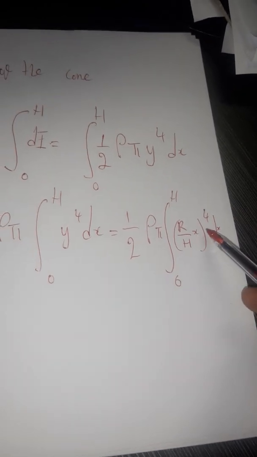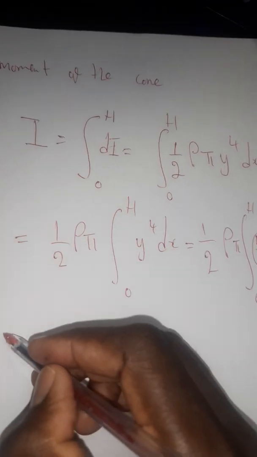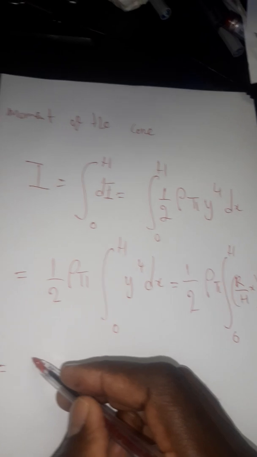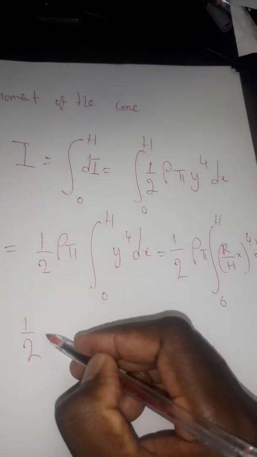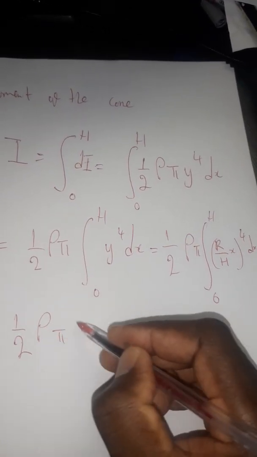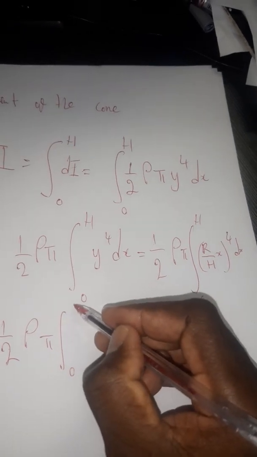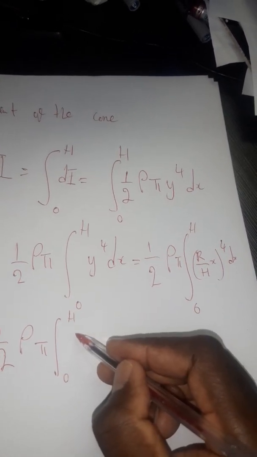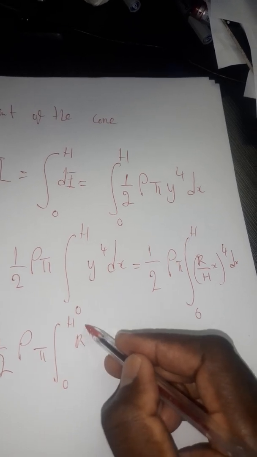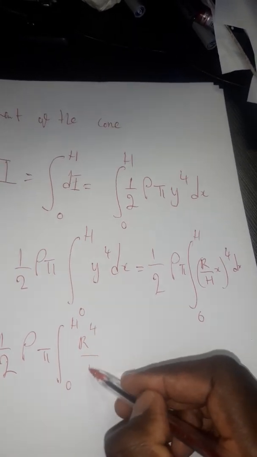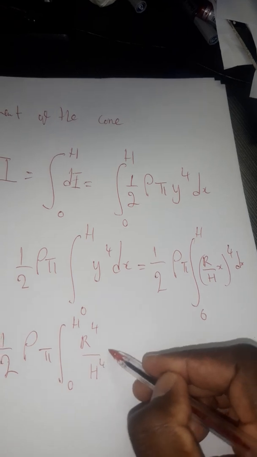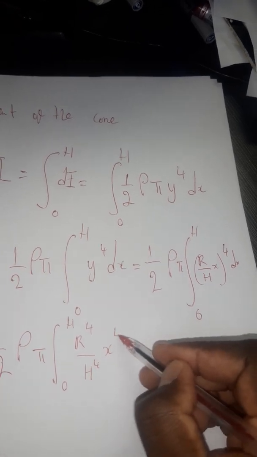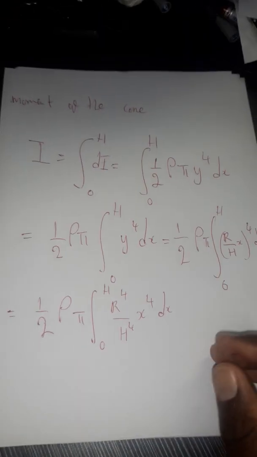We replace y with that, and this is 1 over 2 rho pi between 0 and h of r to the power 4 over h to the power 4 x to the power 4 dx.